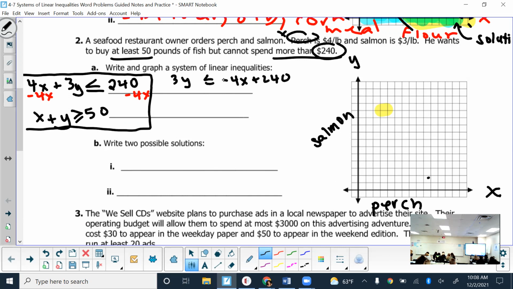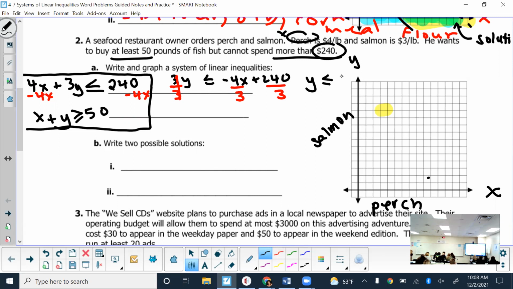How do you get Y by itself? Divide 3 on each side. Do I need to flip the sign when I divide a positive? No, so leave the sign the same. I have Y less than or equal to. Can I leave it as a fraction?